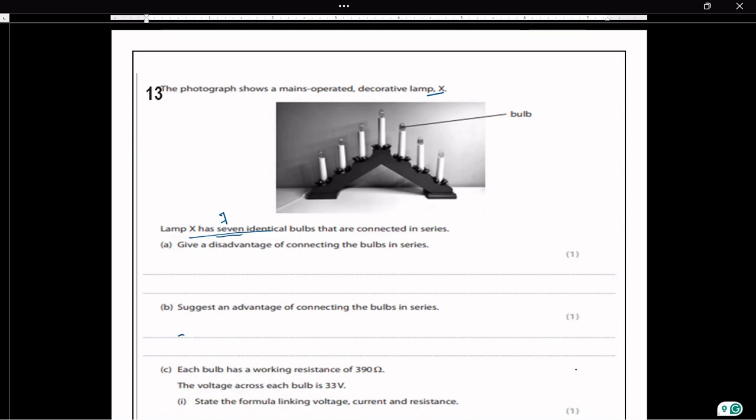So let us put it as an answer. If one bulb fails, all other bulbs will turn off.